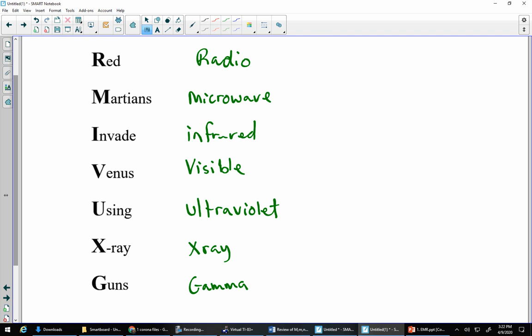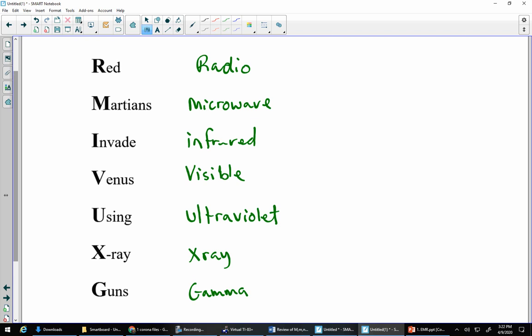Same sort of idea. The other thing that you need to know about for this is what happens to both the wavelength and the frequency as we go from one to another. So let's start with our frequency. Frequency increases as we move down.